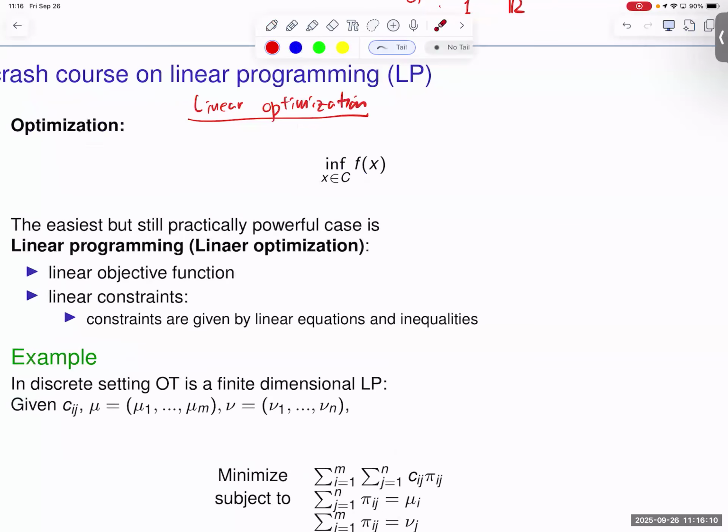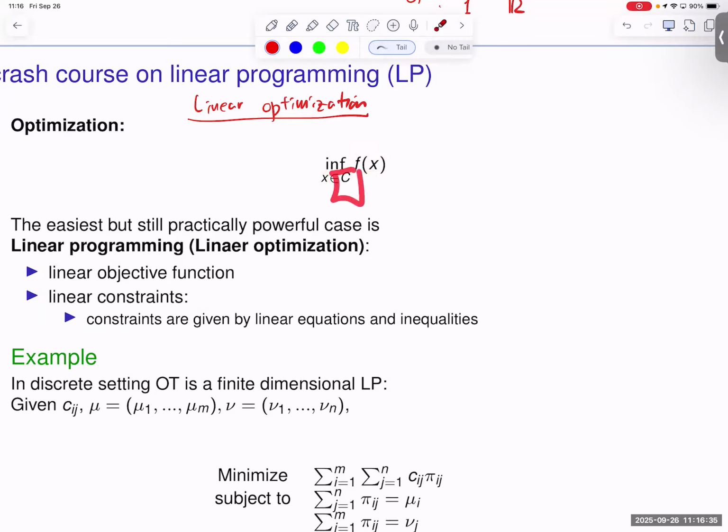What is linear programming? In linear programming, the constraints and the objective function are all linear. The objective function being linear means that it is a linear function of x, where the decision variable x belongs to some vector space.